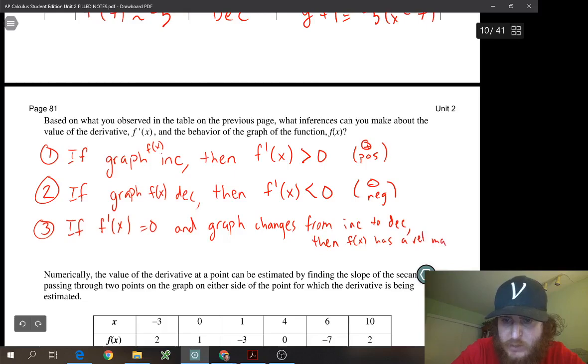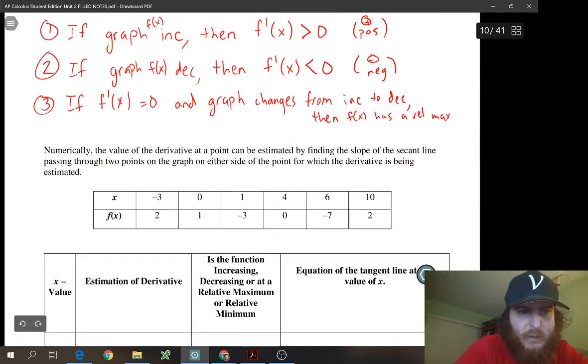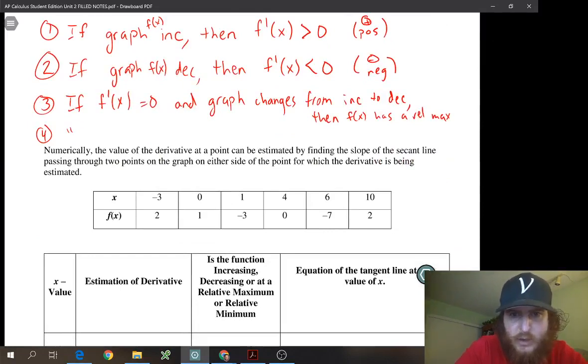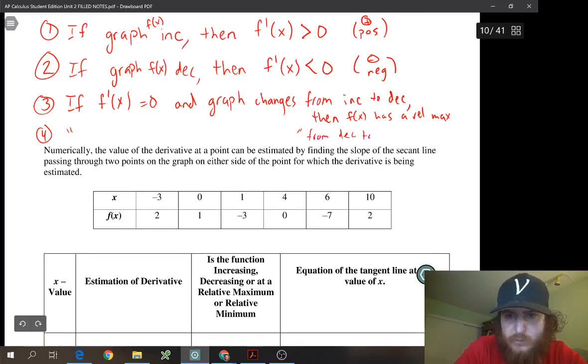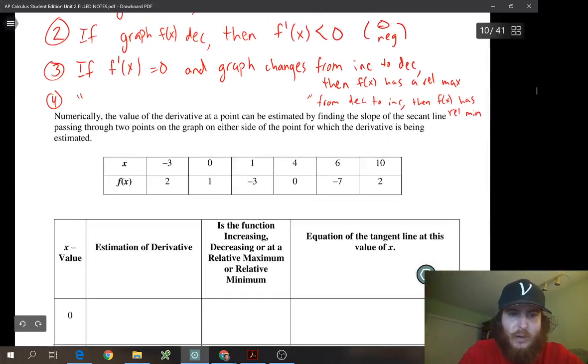So that's where we get our maximum. And then for rule 4, you could just kind of flip that, right? So if f prime of x is 0 and the graph changes from decreasing to increasing, then f of x has a relative min. So those are just kind of some patterns that we noticed.